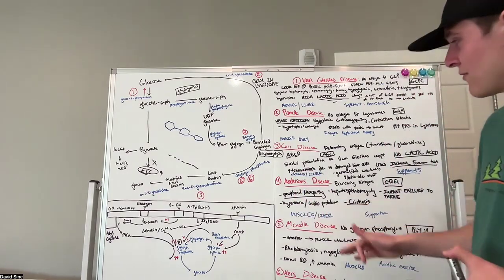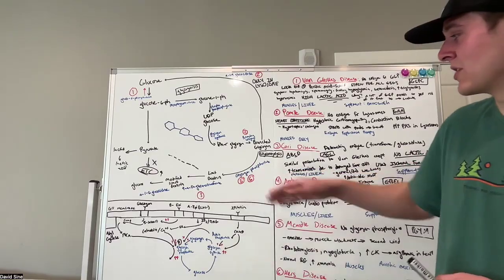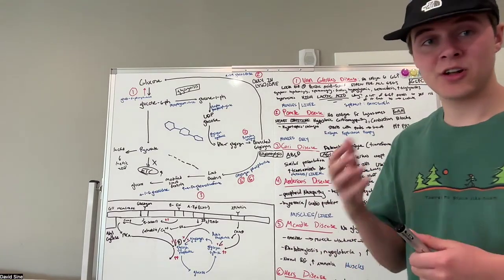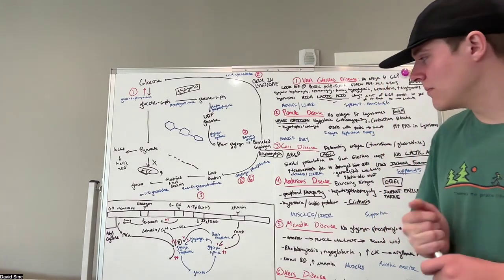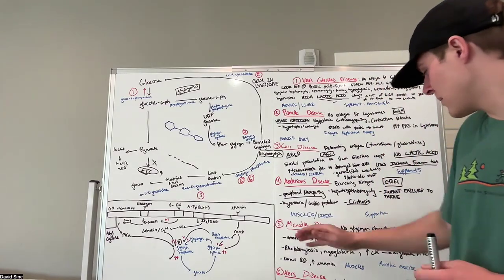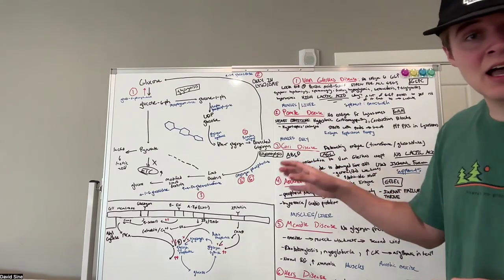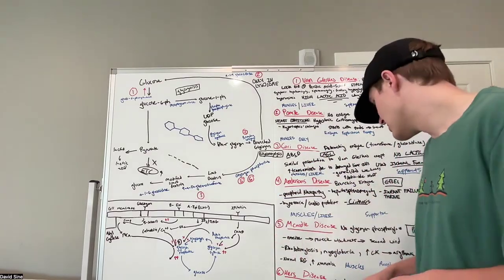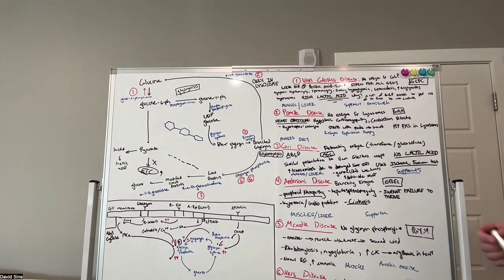So number 5 and number 6 both have to do with glycogen phosphorylase, which if you remember is glycogenolysis, the breakdown of glycogen. So it's the exact same enzyme, but it's whether the enzyme being impacted is in the liver or the muscle tissue. So McArdle disease, I always remember M for muscles, right?